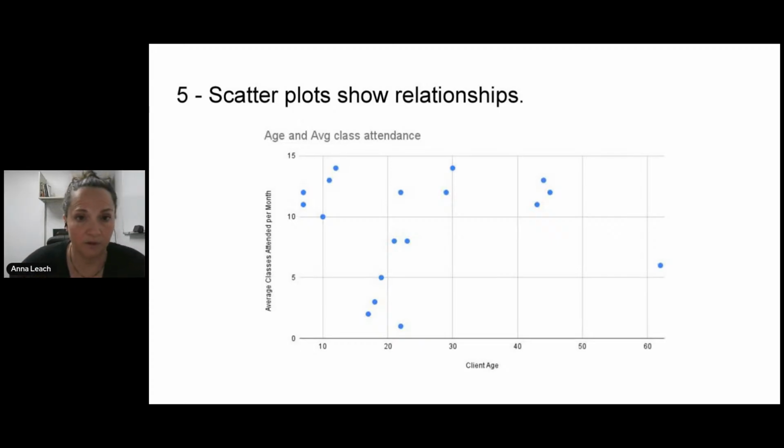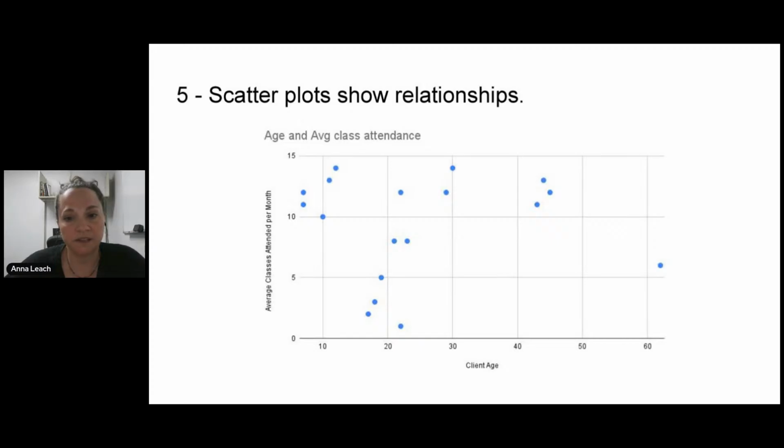So for this example, for my boxing studio, the data that I created, I wanted to see if there was any relationship between the age of my clients and the average class attendance per month.